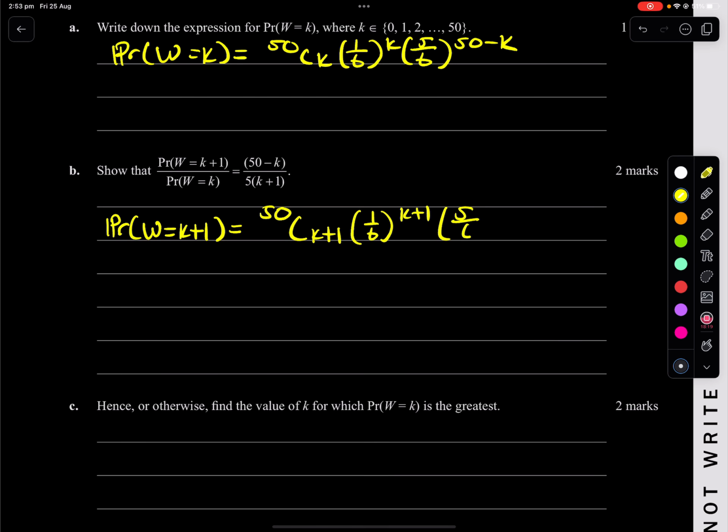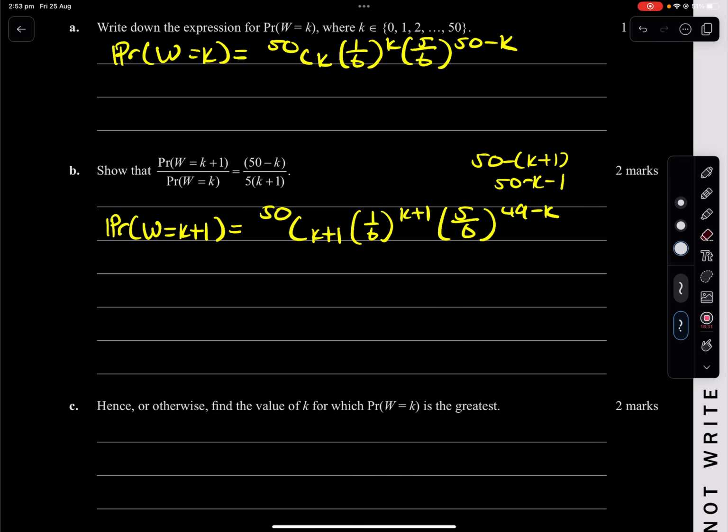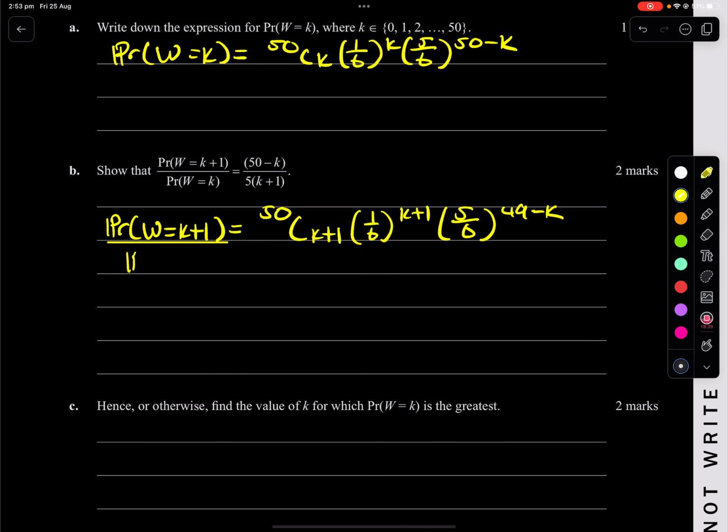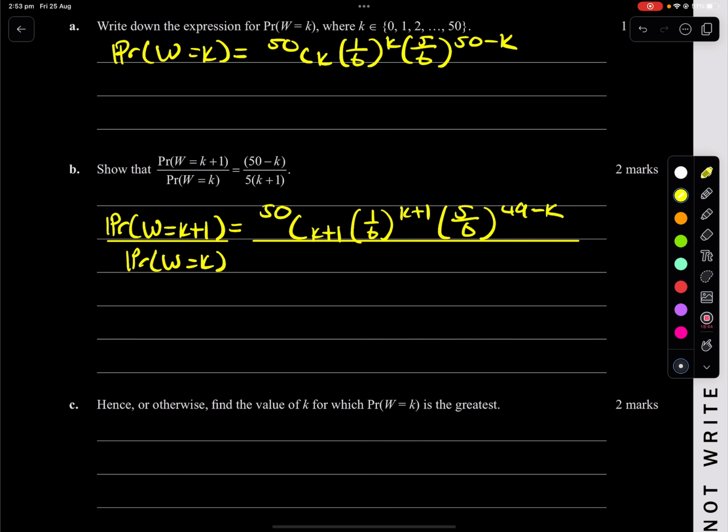Probability of failure 5 on 6 to the 50 minus k plus 1. So 50 minus k minus 1, so it'd be 49 minus k. So 49 minus k. And if we divide that by probability of W equals k, this whole thing we're saying is 50 choose k, 1 on 6 to the k, 5 on 6 to the 50 minus k.